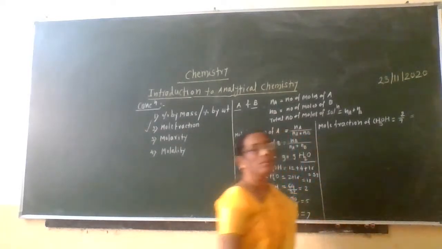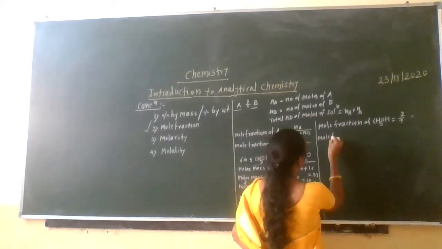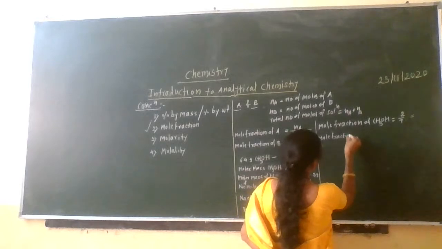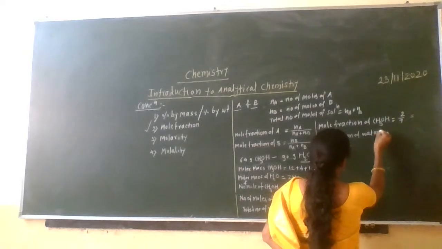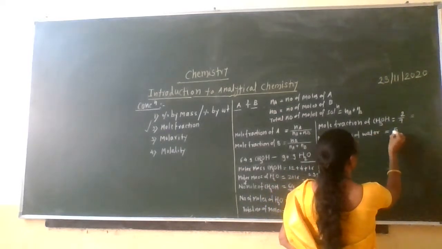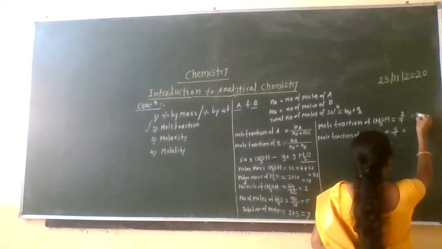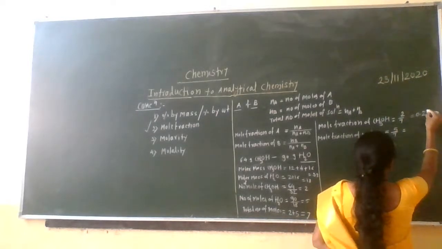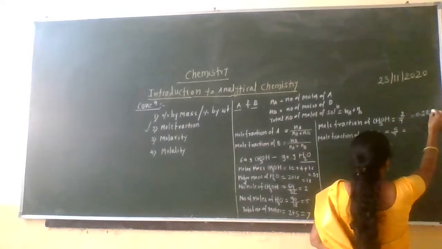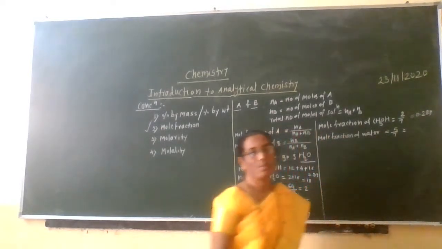Same way, the mole fraction of water becomes 5 divided by 7. Here 2 divided by 7 is 0.2857, but instead of this we can directly write 2 by 7.